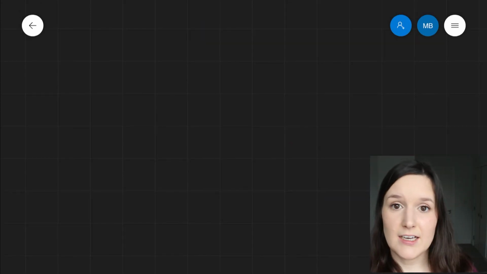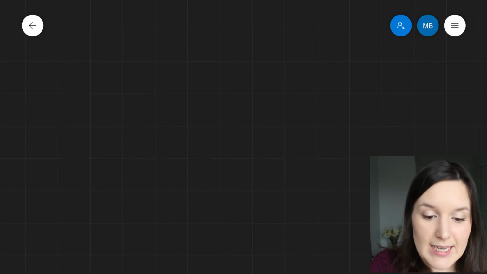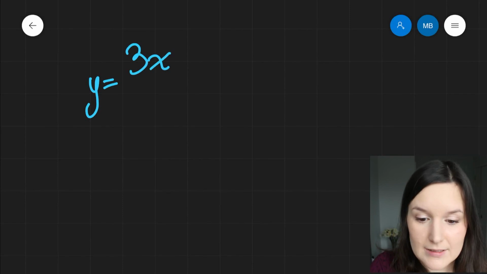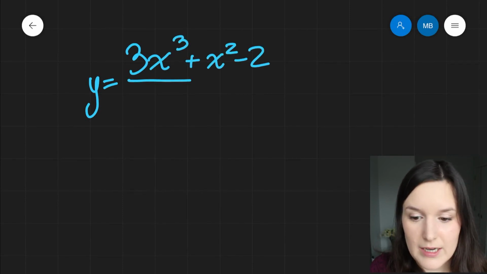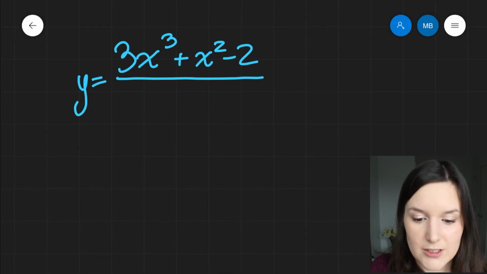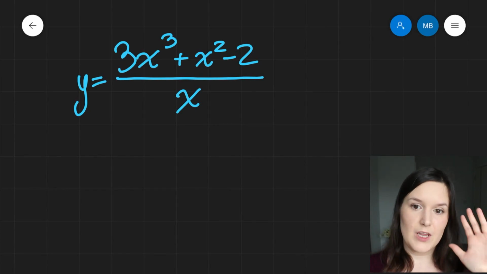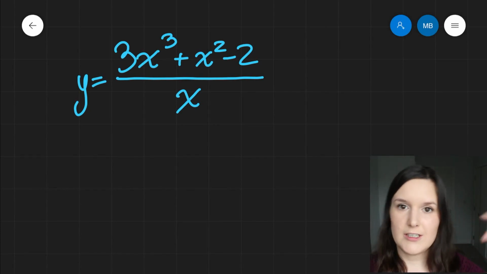Let's take a look at the last example that I wanted to show you. Again, we will use the power rule, but we have to be careful. Now we have a fraction. Again, you can't just find the derivative of top over derivative of bottom.